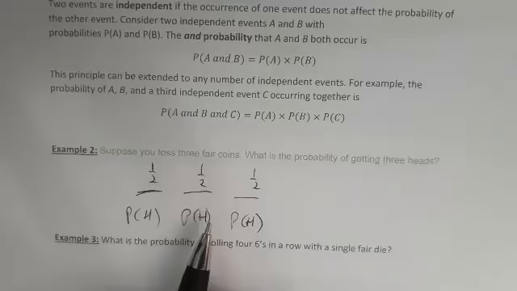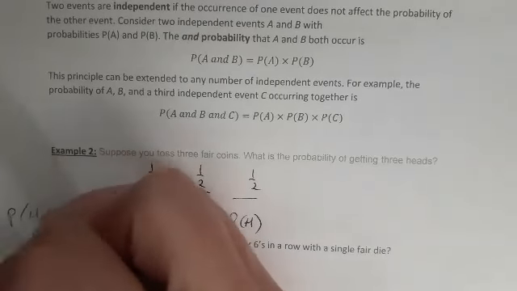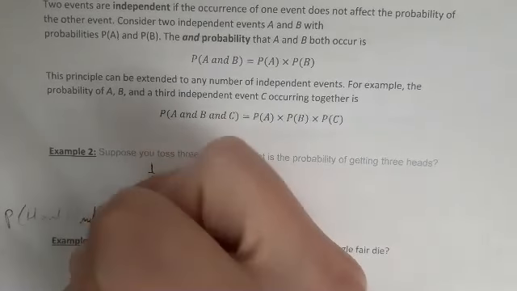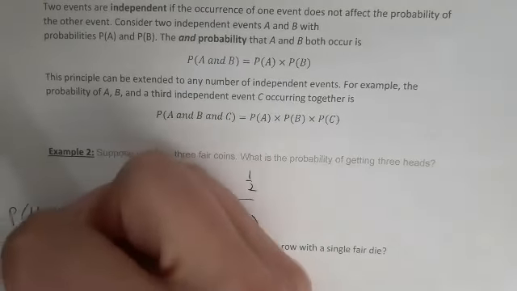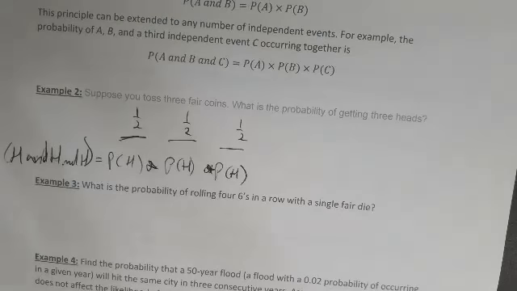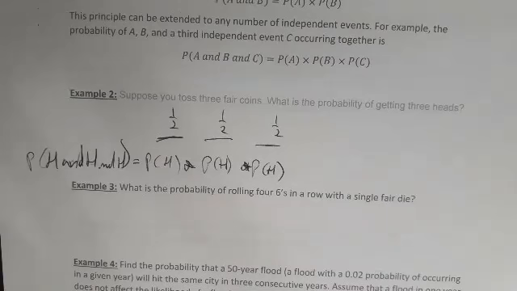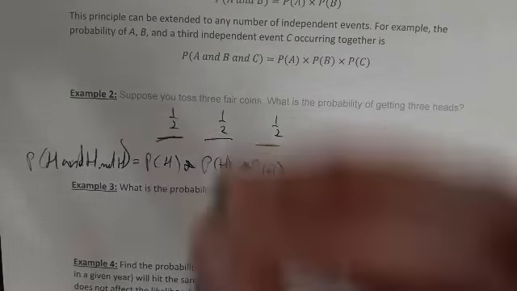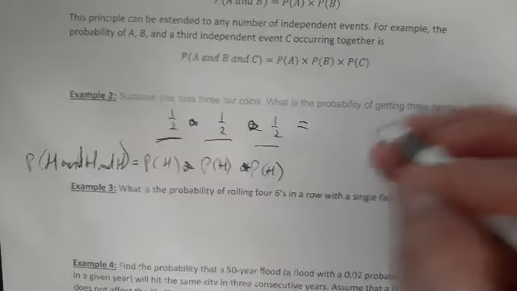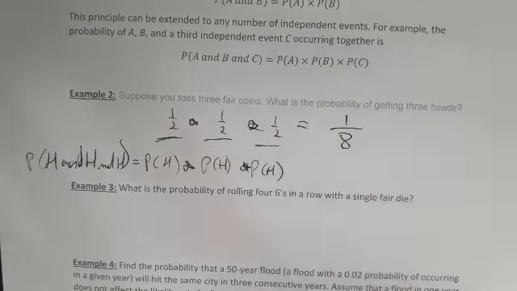So if I want to get 3 heads, it's going to be this times this times this. And so what this is saying is, if we know the independent probabilities, we can multiply these together, and we're going to get 1 over 2 times 2 times 2, which gives me 8, or 1 out of 8 of the possibilities.